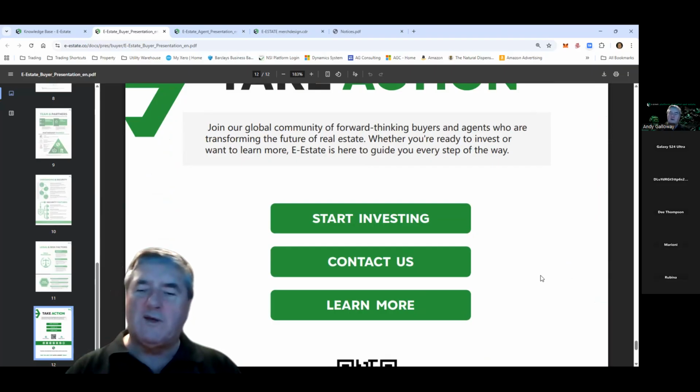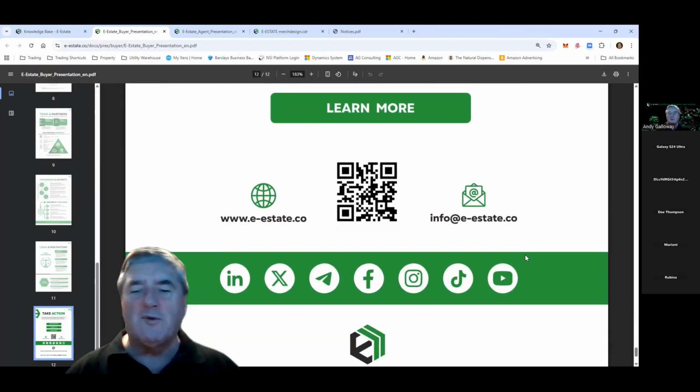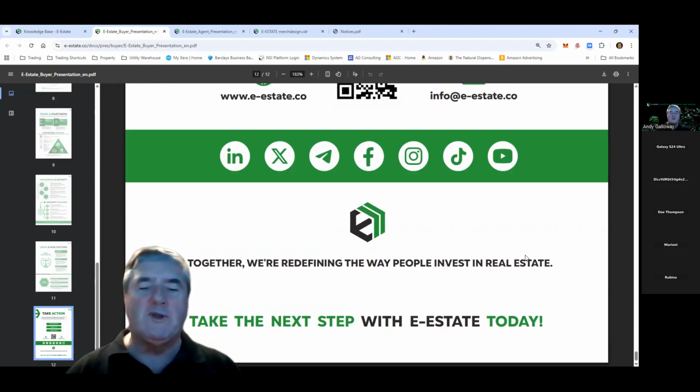There should be an agent with eEstate. Ask them for their agent's referral link, follow the link, and register. Simple as that. Register, deposit some funds, buy a property, and start monitoring your progress in eEstate. And if all you want to do is buy property, that's all you need to do.